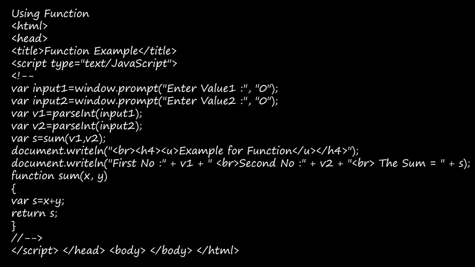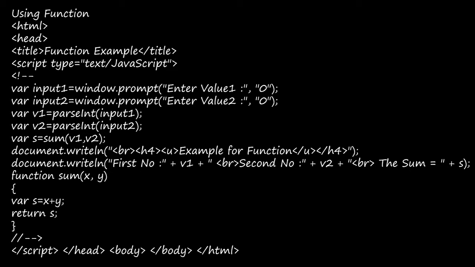We know how to write HTML code. Whatever HTML code it may be, it will start and end with the HTML tag, right? So first we open the HTML tag, and in the HTML tag we'll have two sections, the head section and the body section, right? Here you will be writing the script inside the head section only. Inside the head section we'll have the title tag.